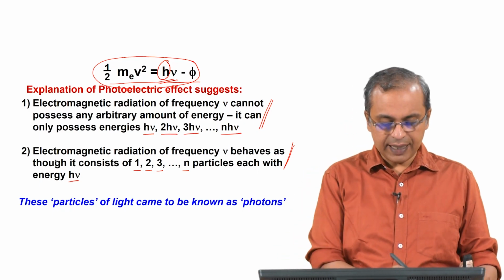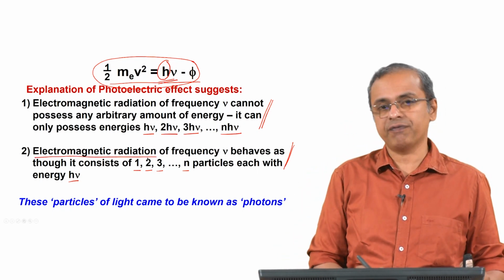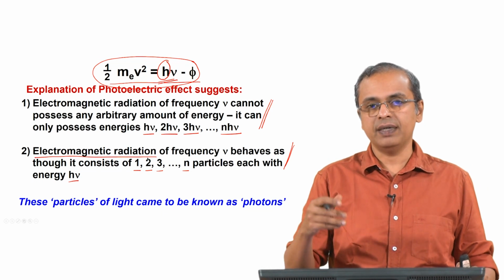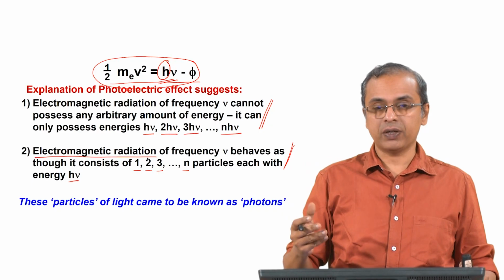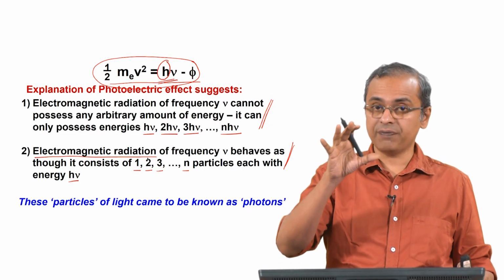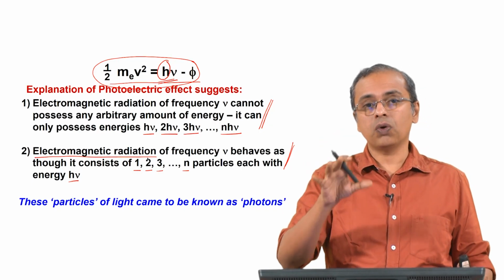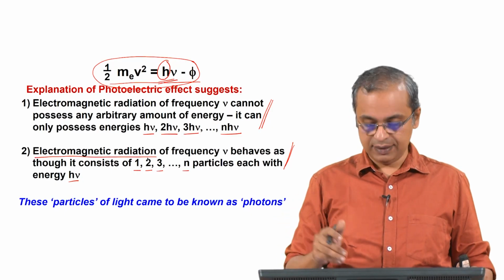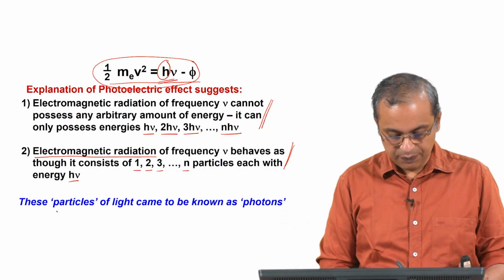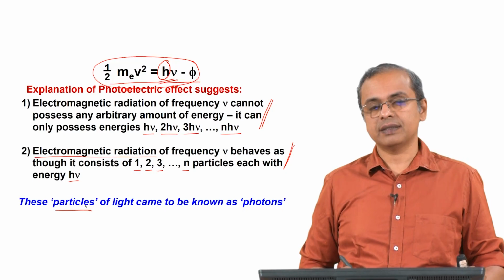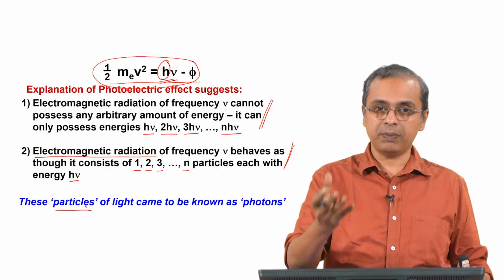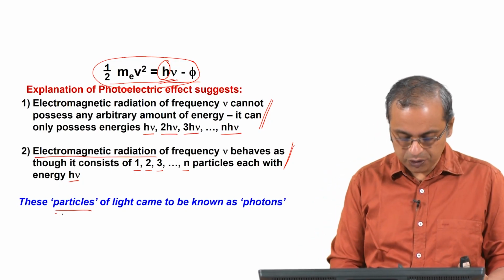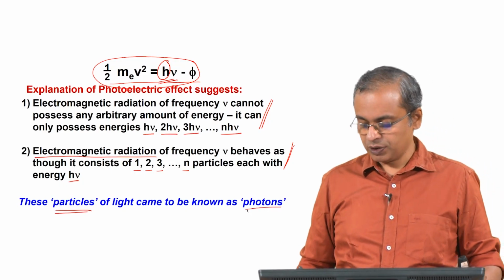And this idea that electromagnetic radiation, which I showed you as a wave, an electric wave and a magnetic wave which are mutually perpendicular, could also be represented using particles is what the photoelectric effect ended up demonstrating to us, and these particles of light came to be known as photons.